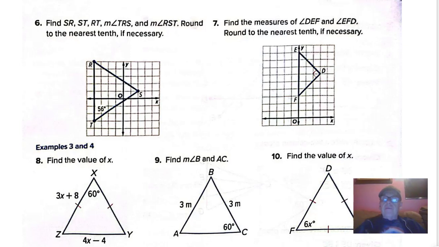So for number 7, they want us to find the measures of DEF and EFD, and round to the nearest tenth. So let's see how we can do that.